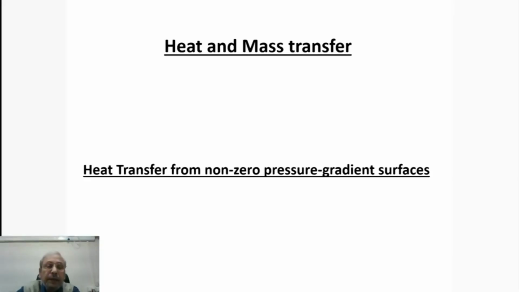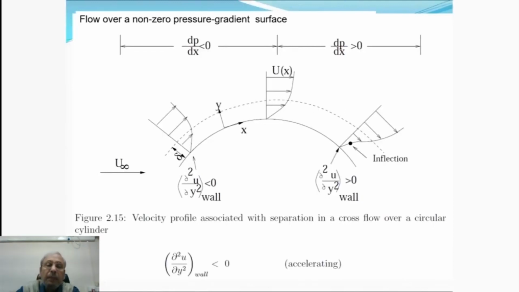Good morning, everybody. Today we will discuss heat transfer from non-zero pressure gradient surfaces. By non-zero pressure gradient surface, what we mean is the surface on which fluid is flowing, on which heat transfer is also taking place.